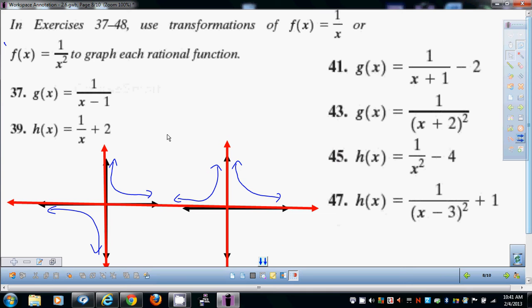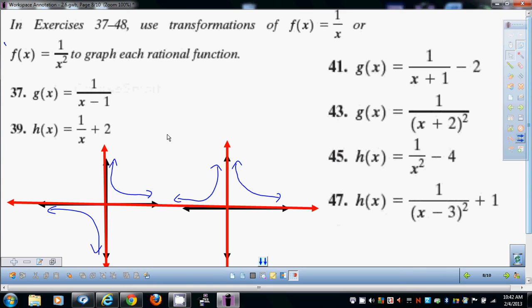Whenever something is added or subtracted inside the function, that's a horizontal shift. So, where is this one shifting? To the right by 1 unit. It's just like x minus 1 squared. Remember how we graphed a lot of those? Whatever is inside here, what's going to make that equal to 0? 1. So it's going to shift to positive 1.